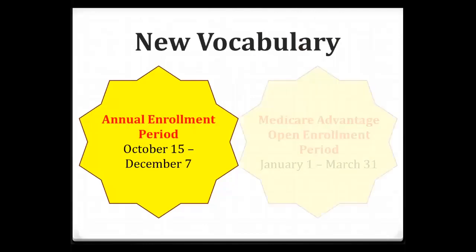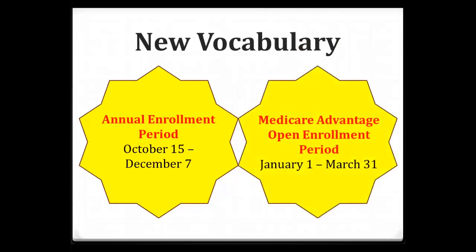Why? Because starting January 1st, 2019, we are starting the Medicare Advantage Plan open enrollment period. Hence why we're no longer calling the fall period open enrollment, because we don't want to confuse these two dates. Again, the annual enrollment period has not changed, October 15th to December 7th. New, well, not really new, it's coming back. This started in 2011, I believe.